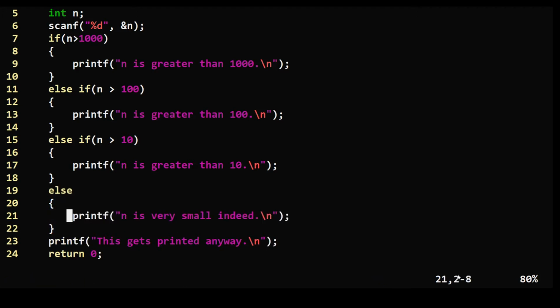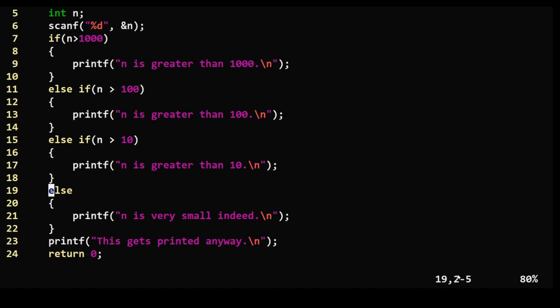So when it comes to which ones are compulsory and which ones are optional, if you want to get into branching, if is compulsory here. You cannot have an else if or an else without having an if. The second thing is, you cannot put an else if after you put an else.